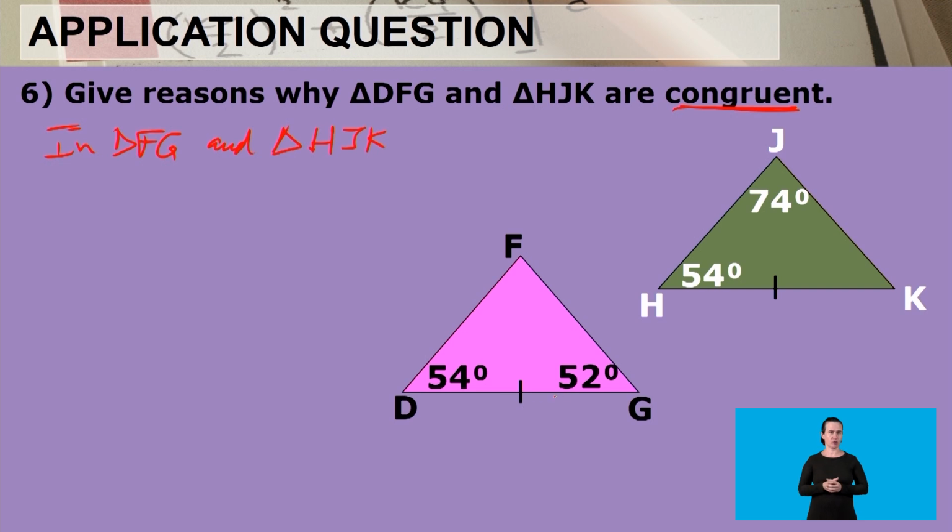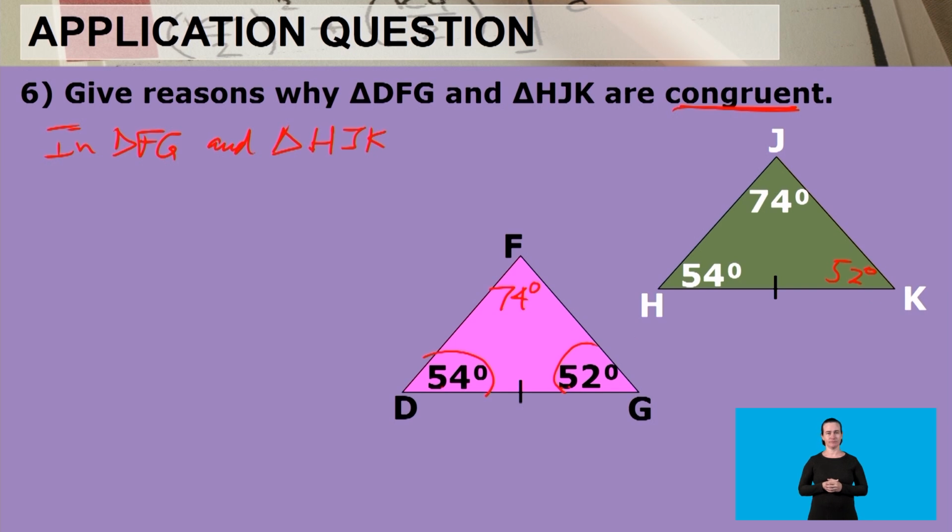I have 2 angles that have been given and 1 that has not been supplied. Looking at the angles of a triangle, if this is 54 and this is 52, that gives me 106. When I subtract from 180 in a triangle, I get 74 degrees for that angle there. Therefore, that one is 74, and that makes that one 52 degrees.